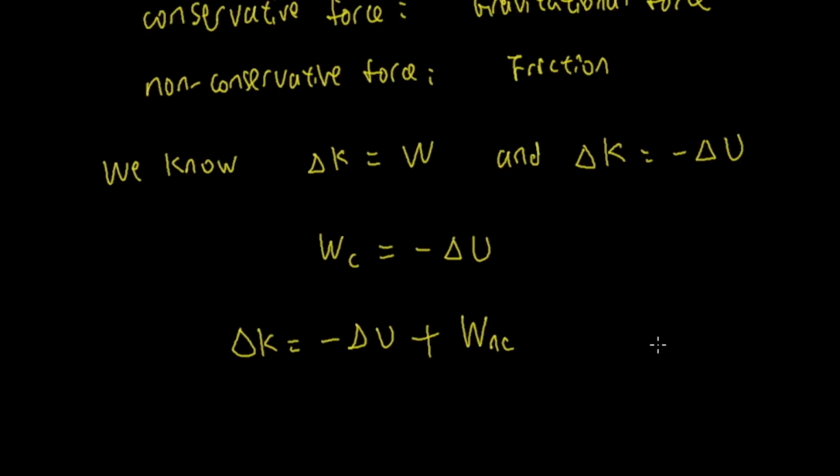Now, add negative delta U to both sides, we have change in kinetic energy plus change in potential energy equals work done by non-conservative force. Now, what is change in kinetic energy plus change in potential energy? That is change in mechanical energy.